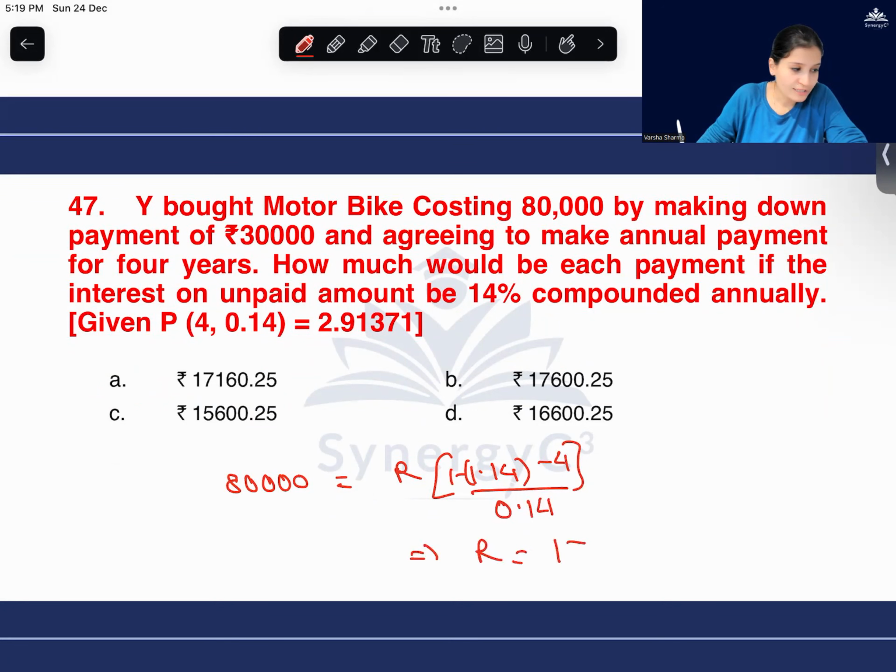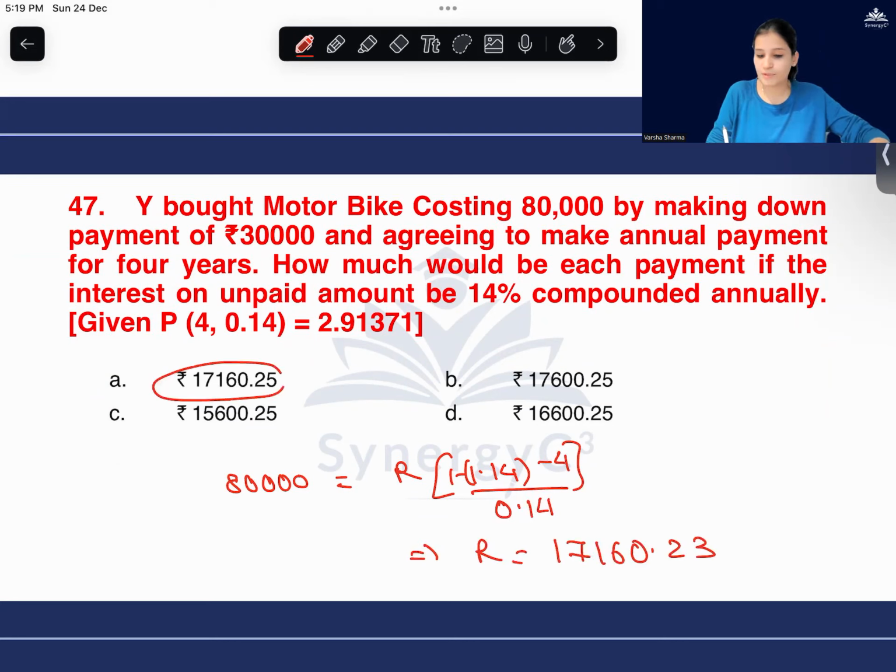So R is 17160.23. Option A. Sorry, loan amount was 50. 80,000 was the total cost, but we already made a down payment of 30. So the loan amount was only 50. Done.